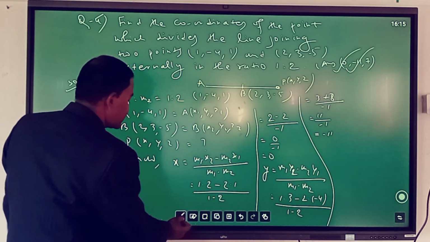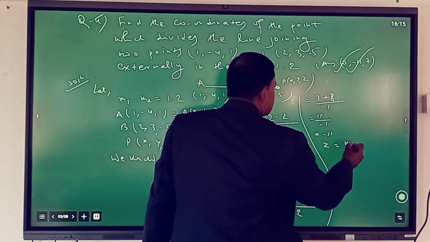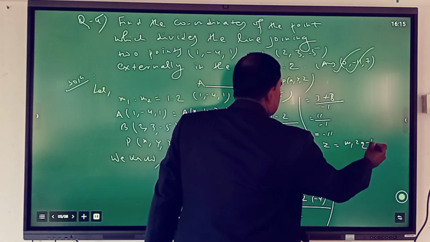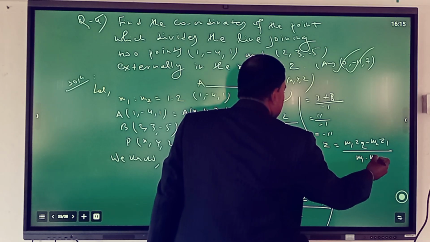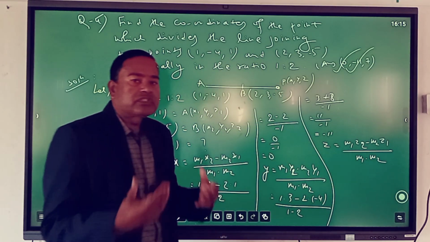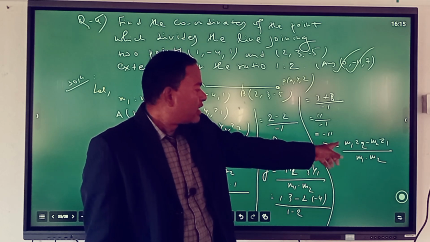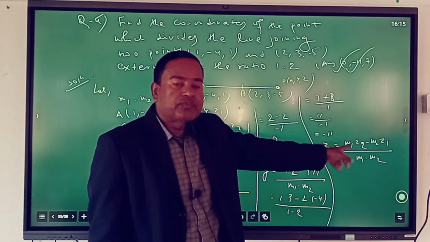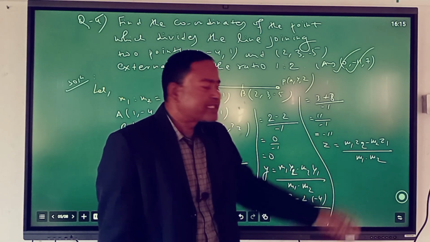So again let us use the section formula. Dear students, according to the section formula, the z coordinate is equal to (m1 times z2 minus m2 times z1) divided by (m1 minus m2).